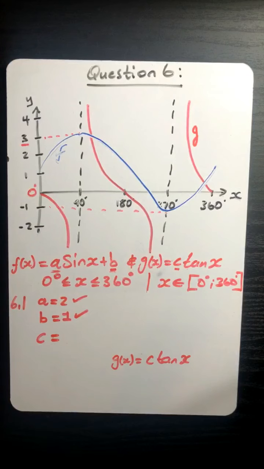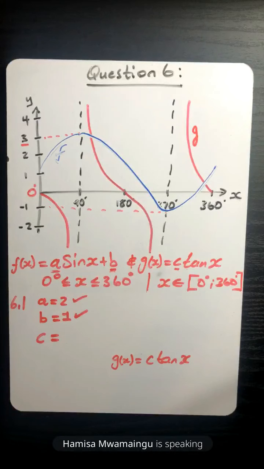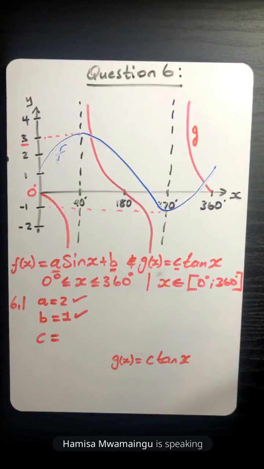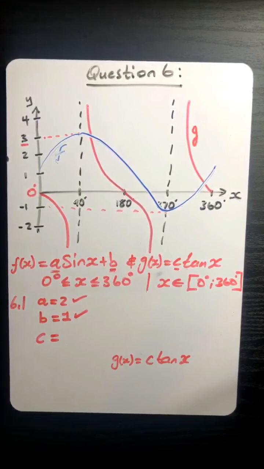Is there anyone who'd like to try in terms of how we can find the C value? I think that the C value is 0 since tan theta doesn't have an amplitude. Okay, thanks for that input. Anyone to give it a try?